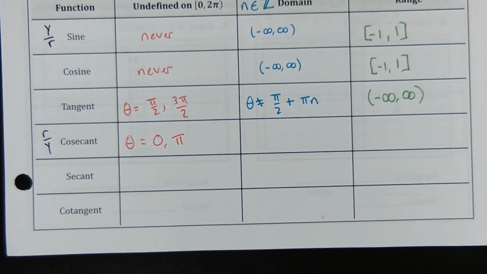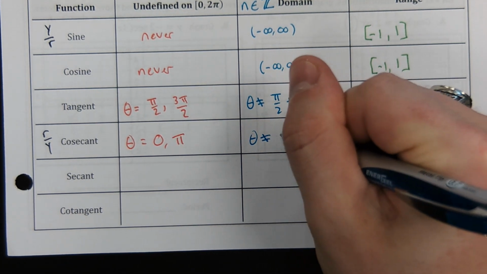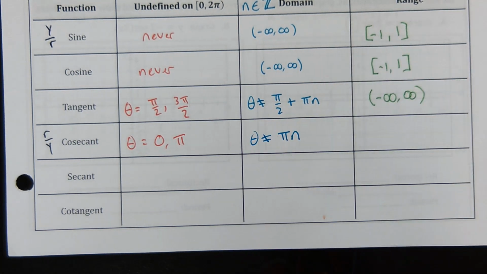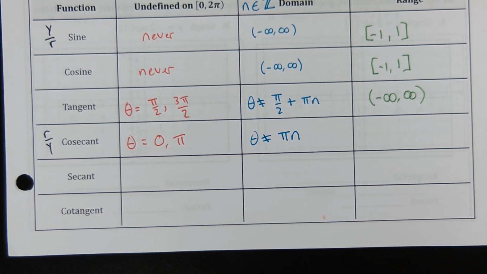And then it would again be undefined at 2 pi, 3 pi, 4 pi, 5 pi, 6 pi. These seem to be the whole multiples of pi. So theta better not be pi n. Again, where n is an integer, and since 0 is an integer, this includes 0 as well. So any positive or negative or 0 multiple of pi.